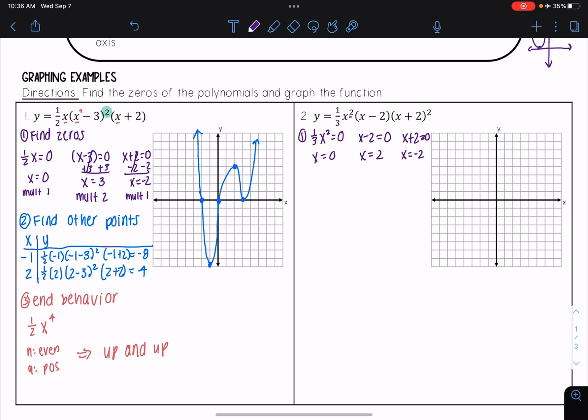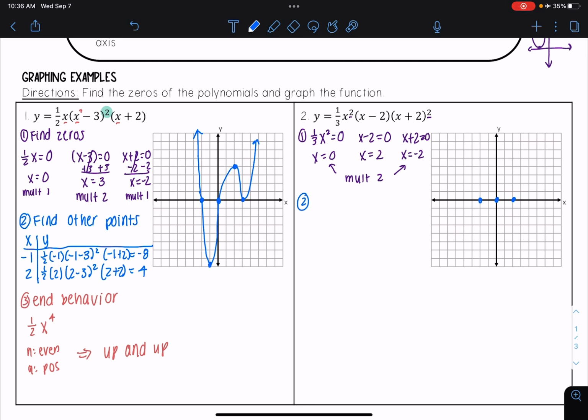Looking at these powers, I have a squared here and a squared here, so that means that my x equals 0 and my x equals -2 have multiplicity of 2. This middle one is just multiplicity of 1. And so I can plot those points.